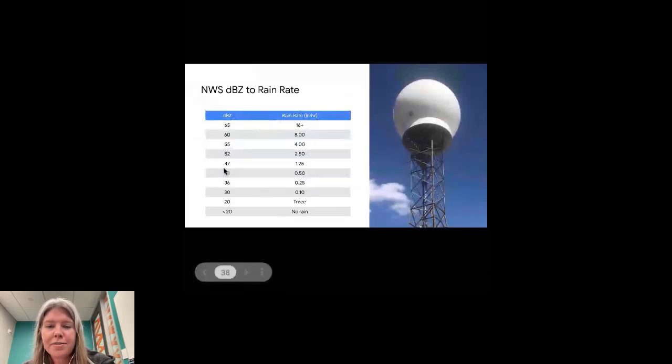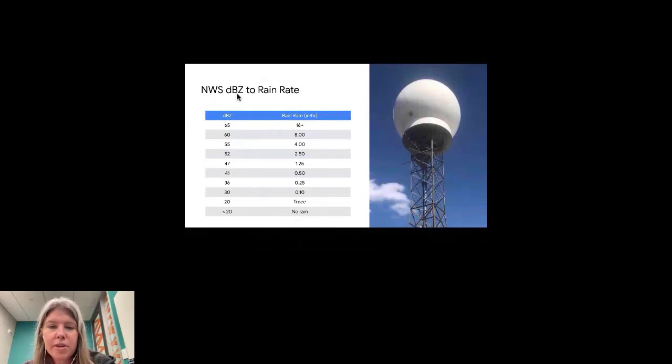This is a graphic of what radar data looks like. Radar is measured in a measurement called dBz. It's actually logarithmic. Please don't ask me technical questions about how radar works. You can roughly map it to inches per hour, like how many inches of rain fall per hour.